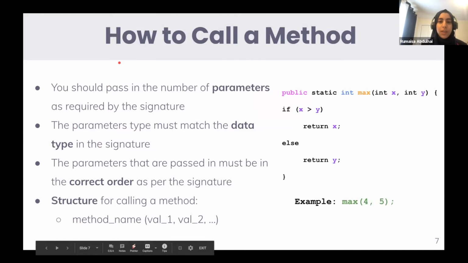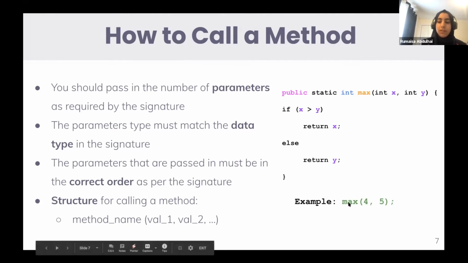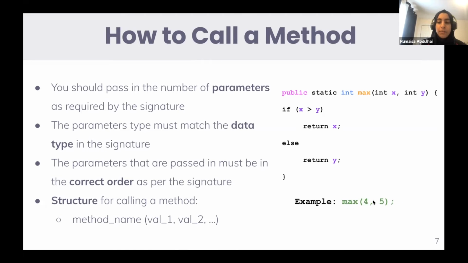So how do we call a method? There are specific rules that we have to follow. For example, if we have this max method that takes in two numbers, integer x and integer y, we should pass in the exact number of parameters that it requires. So if we want to call this method max, we would do max 4, 5.